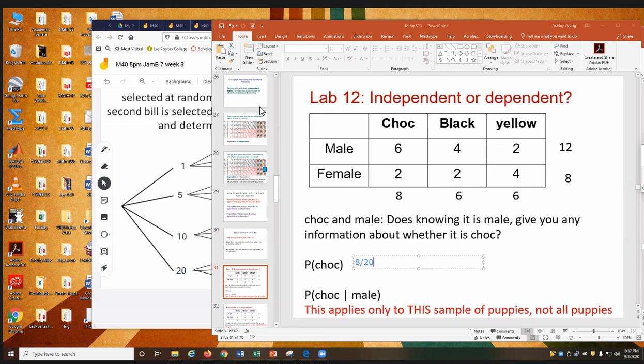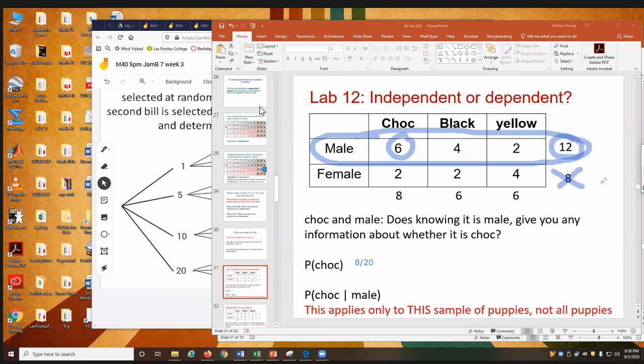Now, given it's male means that I know it's a male puppy. Now what's the probability that I get a chocolate lab? 6 out of 12, because I know it's not any of these, right? It's only these. Good. Excellent.